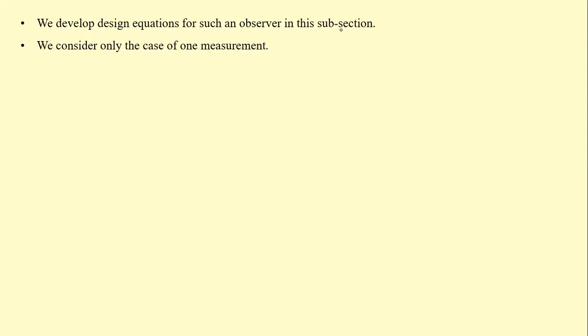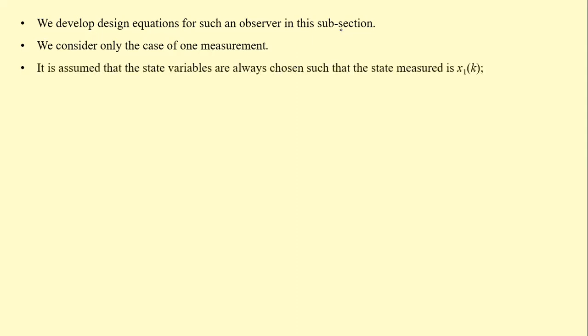So now, okay, let us see. It is assumed that the state variables are always chosen such that the measured state is x1k. That means the first state we will assume can be measured, and the next state we will assume is estimated, right?